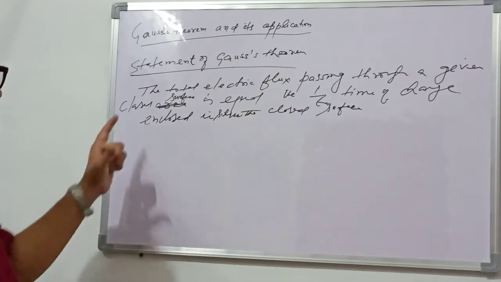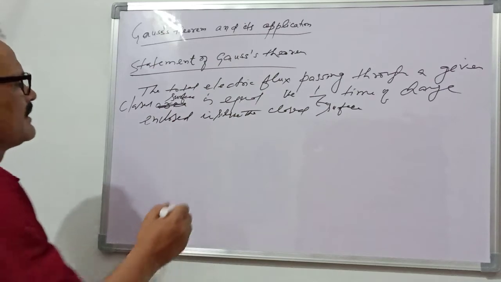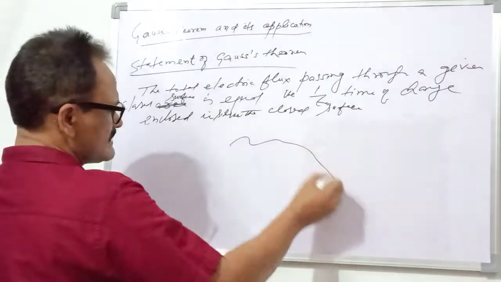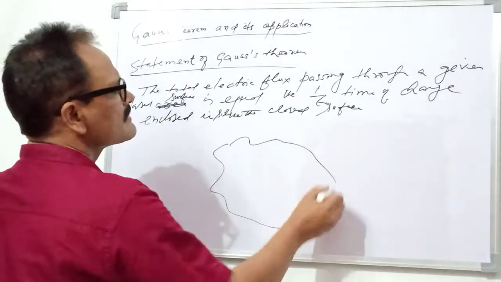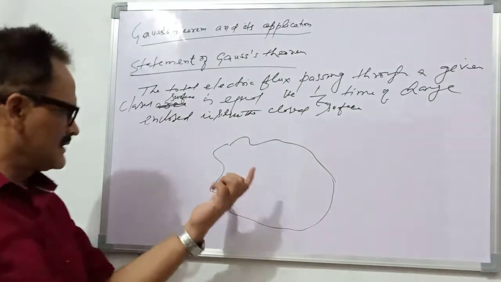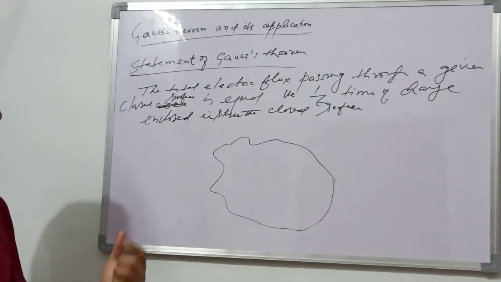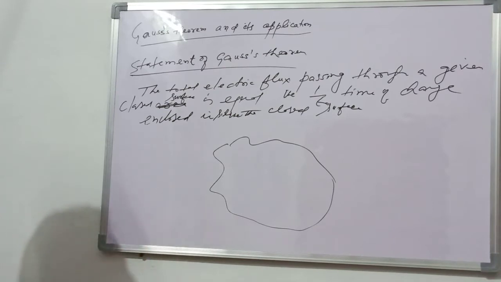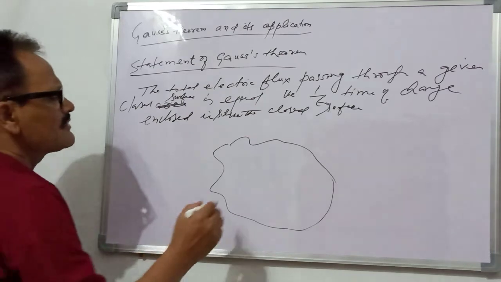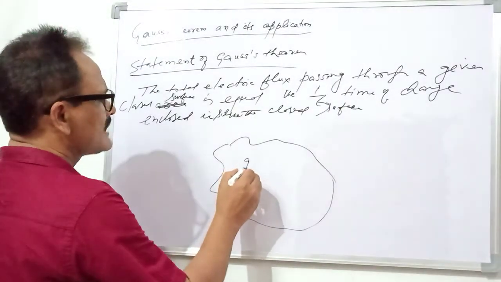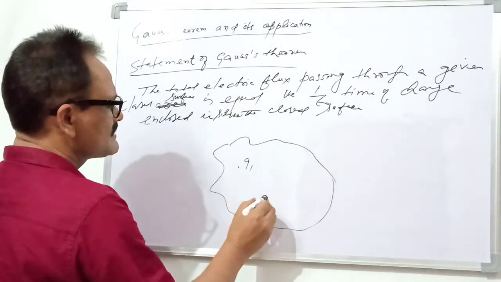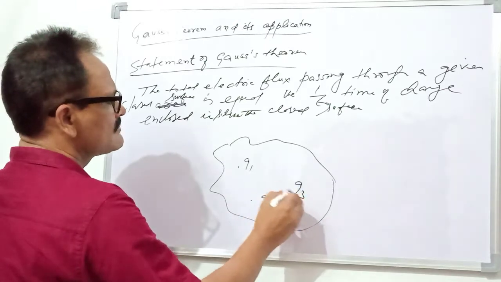Just to explain this statement, suppose this is a closed surface, and in this figure it is not a fixed geometrical shape. It may be a geometrical shape, it may not be. Inside the closed surface, suppose the charge is Q1, another point charge is Q2, another is Q3.